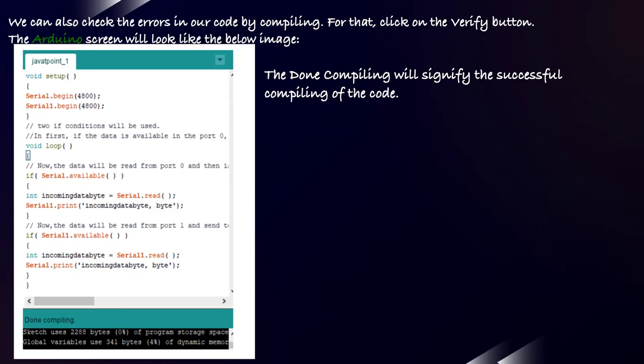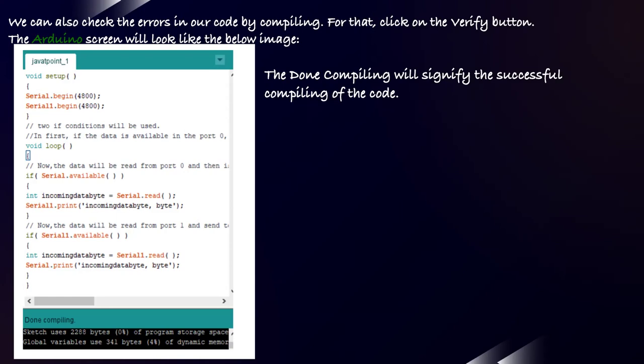So first, if the data is available on port 0, then in void loop, if Serial.available, int incomingDataByte equals Serial.read, that is, we are reading it. Then Serial.print, what we need to print?